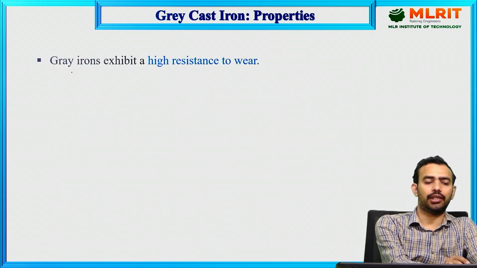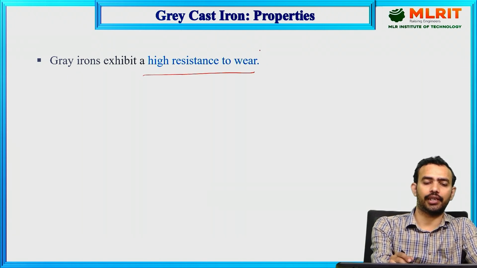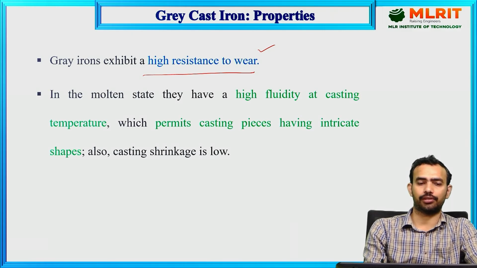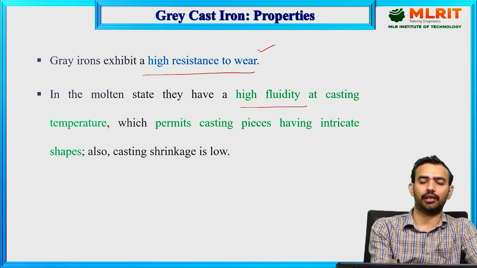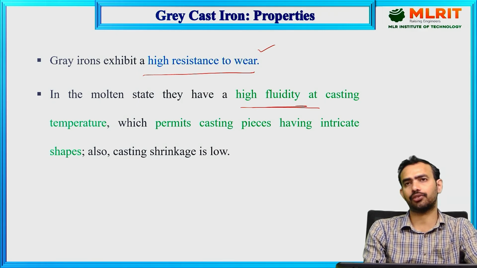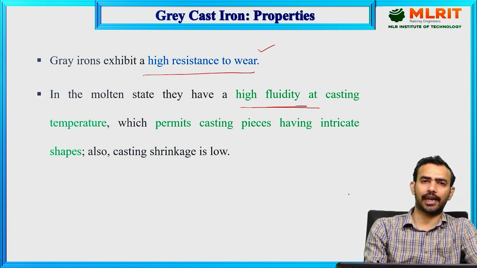In addition to that, grey irons also exhibit very high resistance to wear because of the high hardness of the material and the presence of iron carbide here. In the molten state, they give good fluidity. They offer excellent flow characteristics, and that is very much needed for casting.